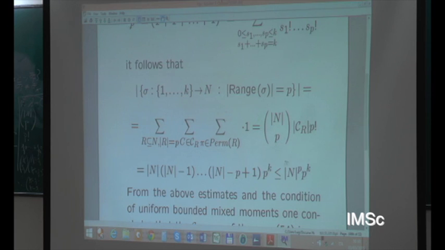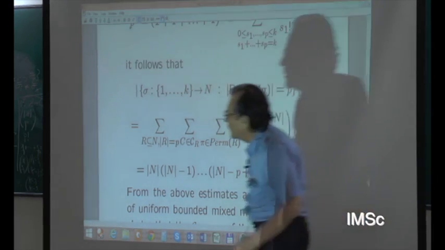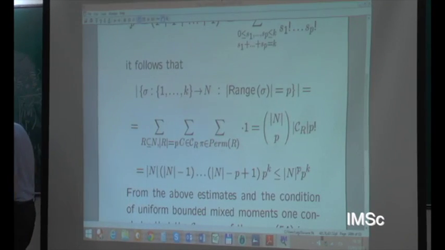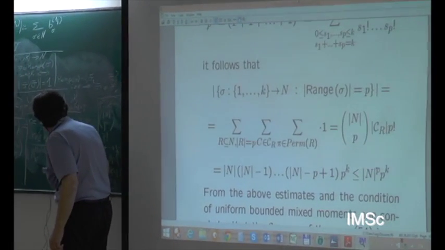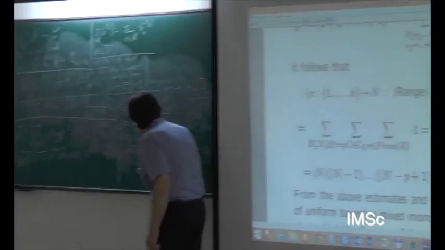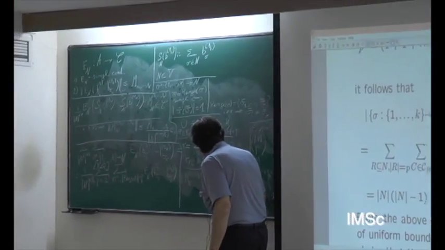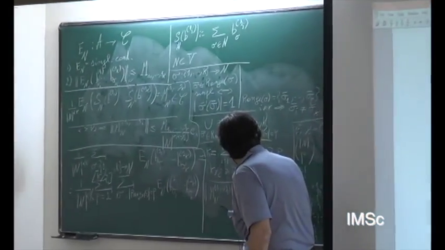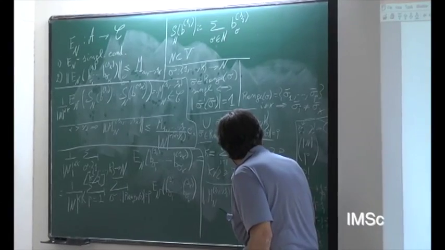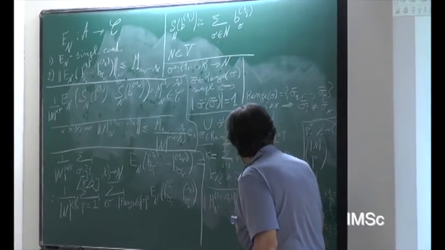Okay? So this is the estimate that we have. Therefore, the factor that was missing here was a constant, depending on k, times the cardinality of n to the power p.